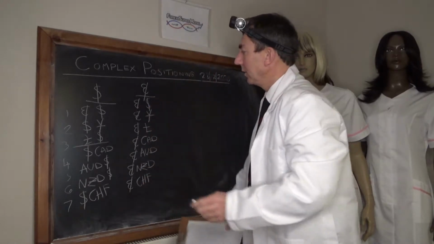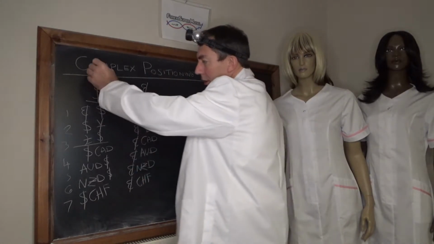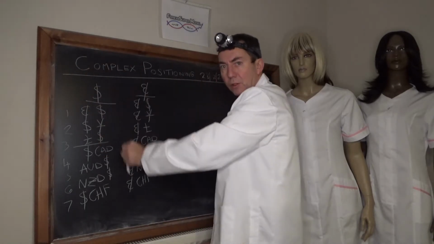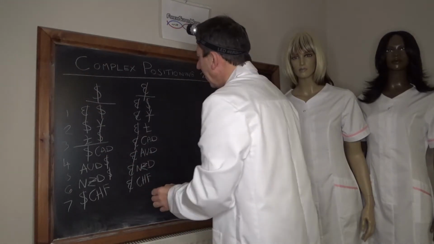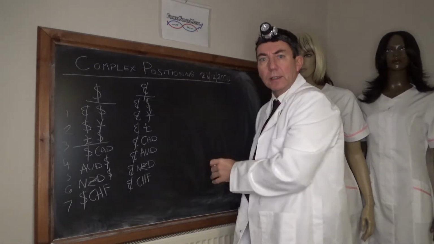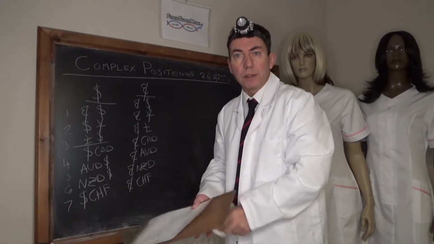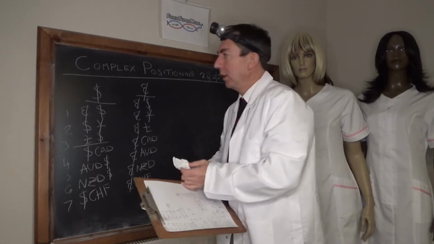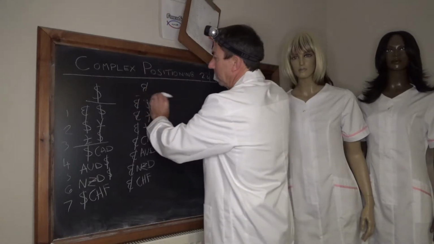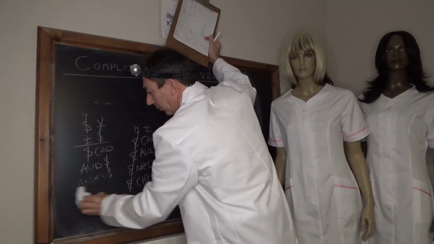So you can see that the euro complex is made up of everything euro, dollar is made up of every pair dollar designated, and yen would always have the yen at the back end, etc. So that's just a recap. If you're not sure what complexes are, there's a video in the education section as well. So that's basically where we are at the moment.